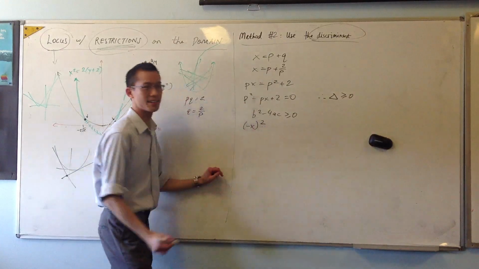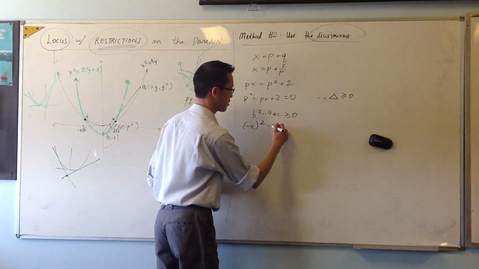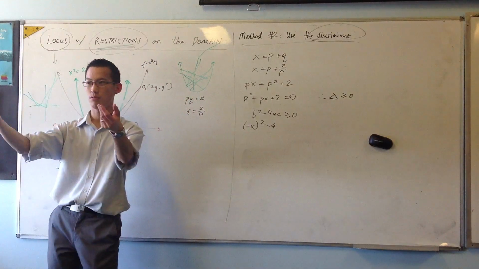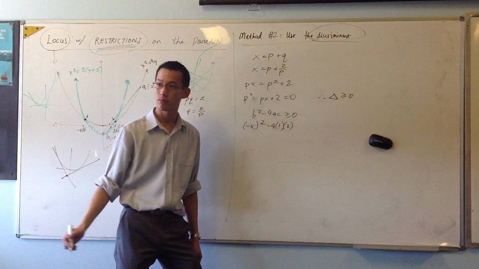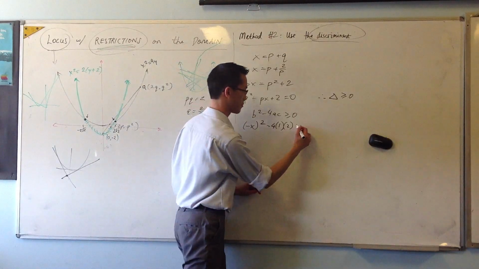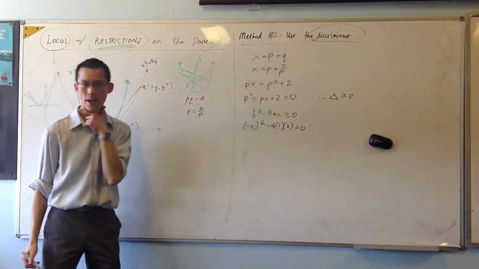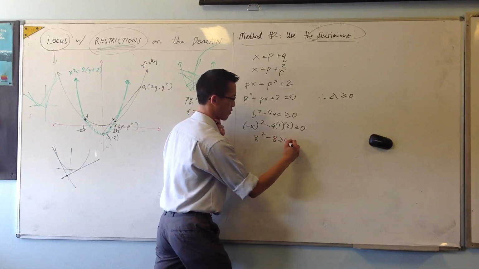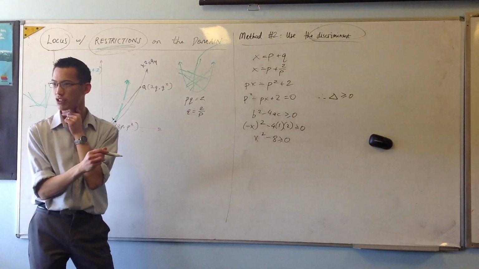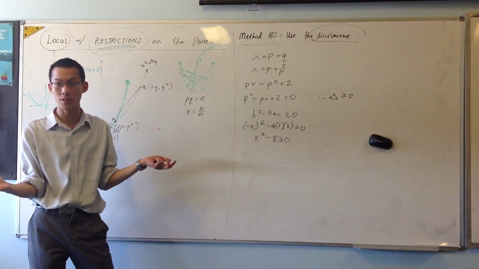So b squared is that. Minus 4, a is equal to 1, it's monic, and c is equal to 2. See that? All right, so now x squared minus 8 greater than or equal to 0. Do you see what just happened? Now we're back where we started.